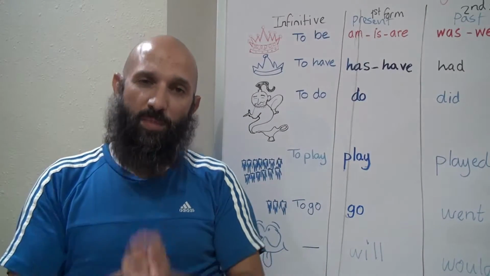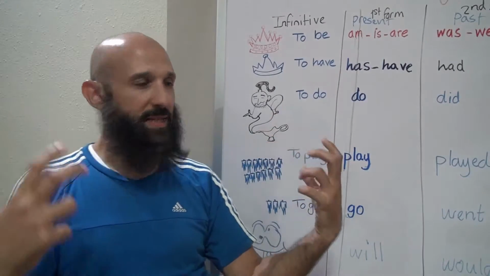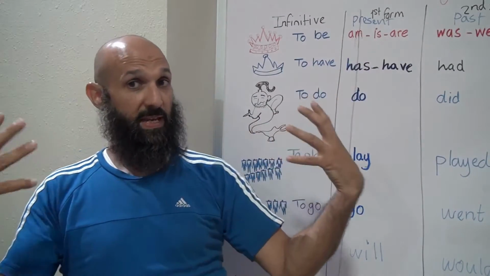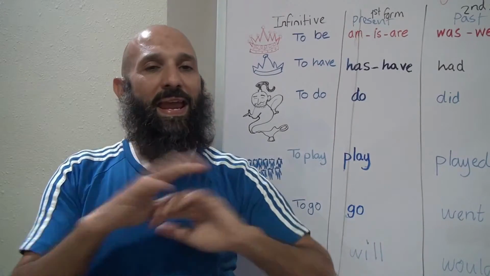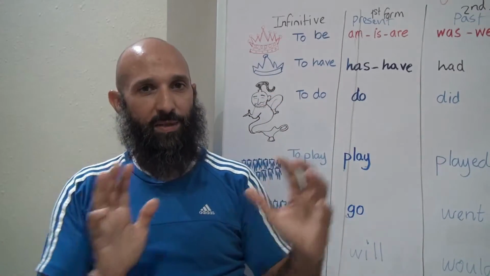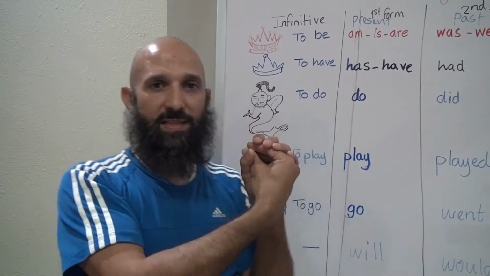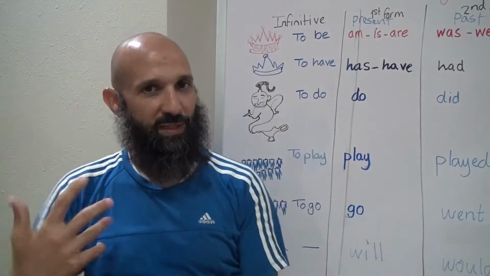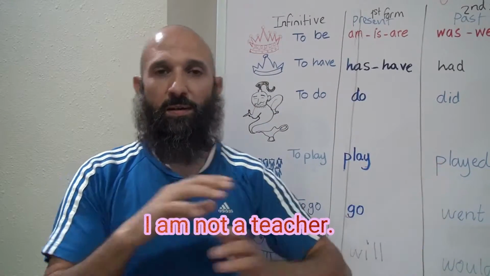If I want to make this sentence negative, because am is the king or the son of the king, it does not need anything to make it negative. So if I am a teacher wants to become negative, it just takes the word not and it becomes negative. So it goes like this: I am not a teacher.